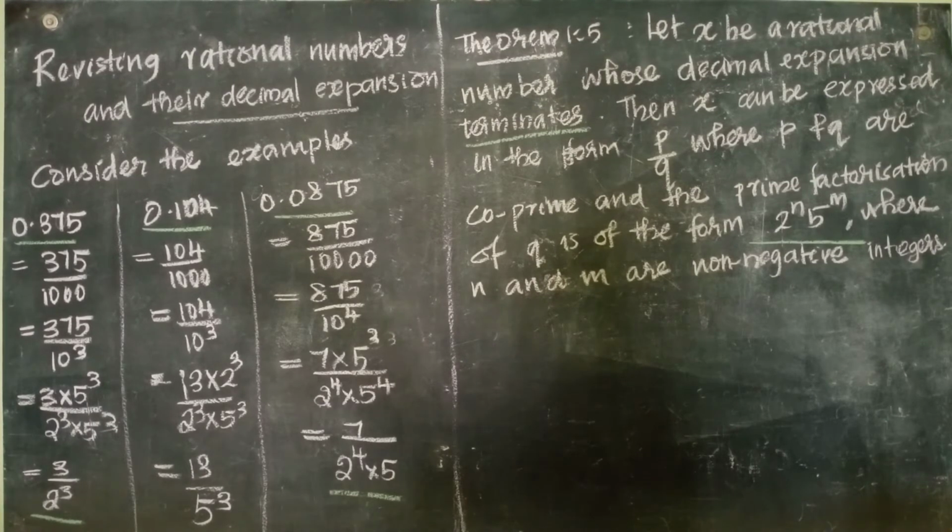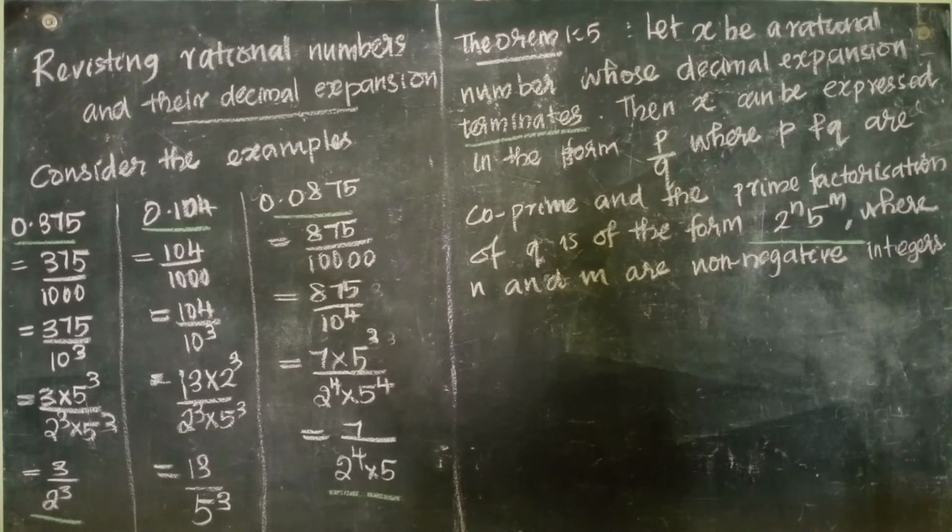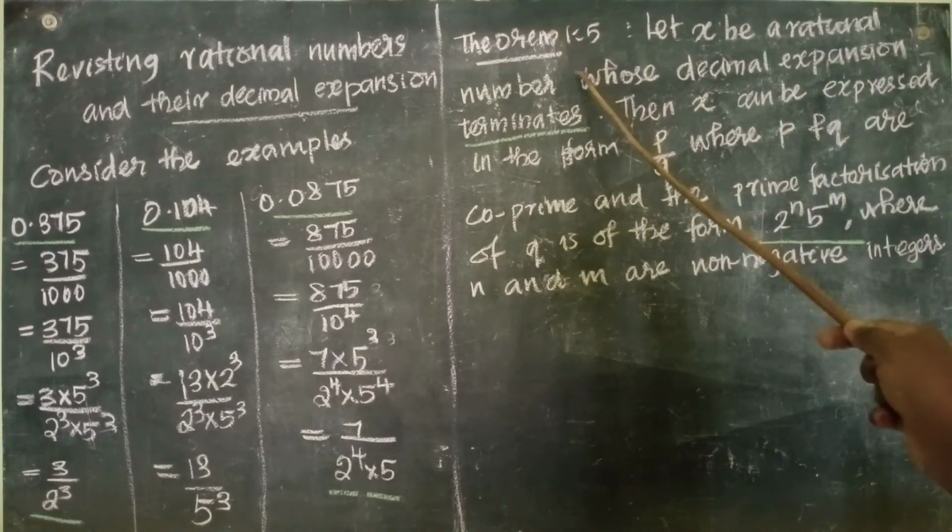So cancelling out the common factors between the numerator and denominator, we find that this real number is a rational number of the form p by q, where the prime factors of q, that is the prime factors of the denominator, is of the form 2 raised to n, 5 raised to m, where n and m are some non-negative integers. So we can make a conclusion, that is theorem 1.5.